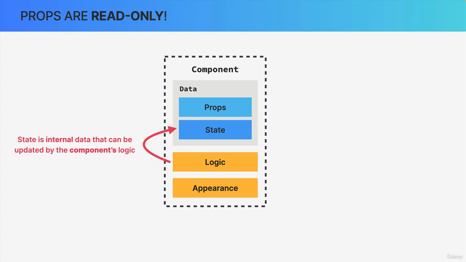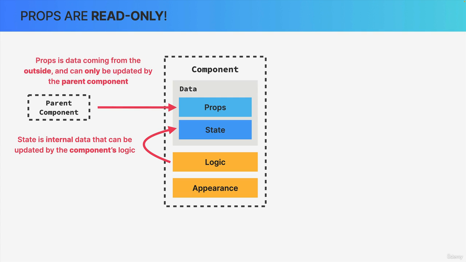Now, state is basically internal component data that can be updated by the component's logic, so by the component itself, while props, on the other hand, is data that is coming from the parent component, so from the outside, basically. So it's the parent component who owns that data, and so therefore it cannot be modified by the child component.